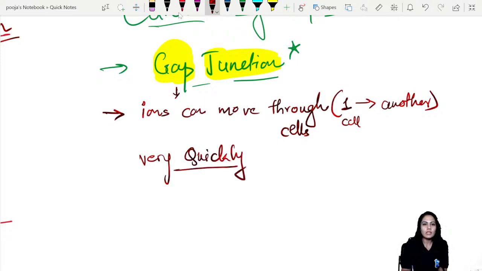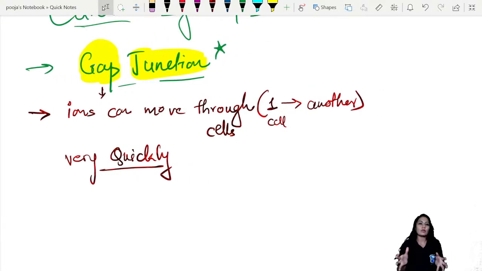Now there are thousands and thousands of myocytes in the heart, right? If we talk about the atria and ventricles, the atria contract at one time and the ventricles contract at another time, but both ventricles contract at the same time and both atria contract at the same time. Even one ventricle contains thousands of myocardial cells.